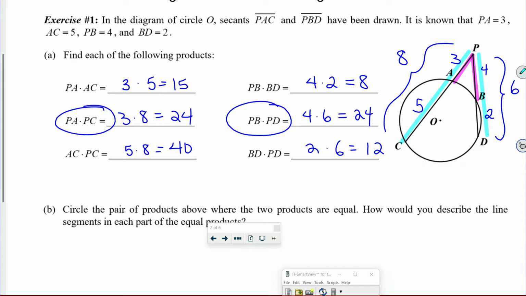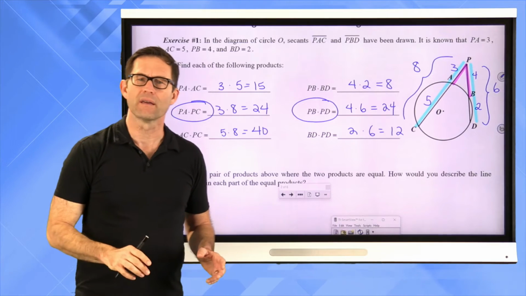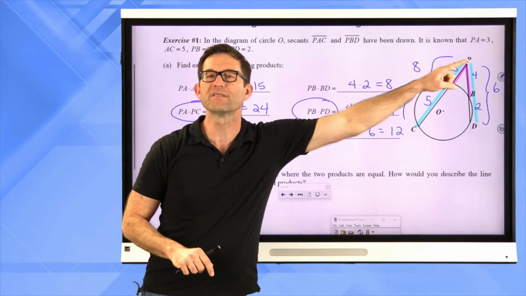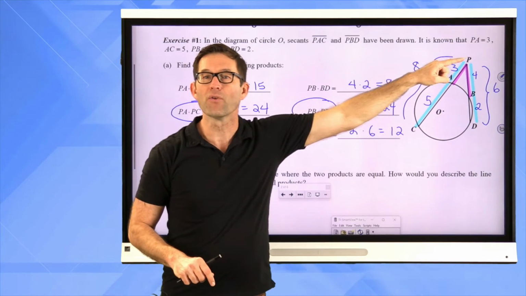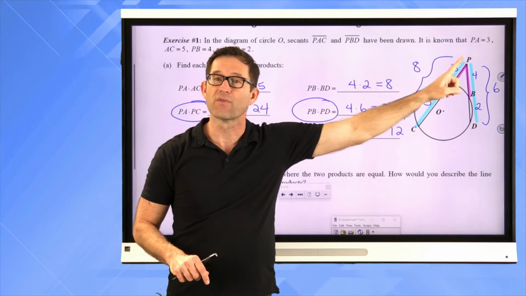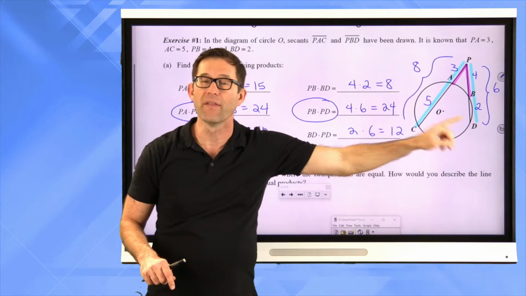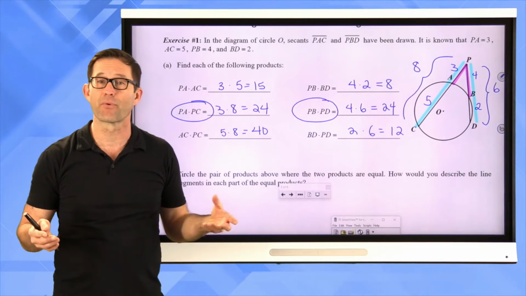So what are we really seeing? When we take the segment of the secant that is outside of the circle and multiply it by the length of the entire secant, and then do the same for the other secant, we get a consistent product.